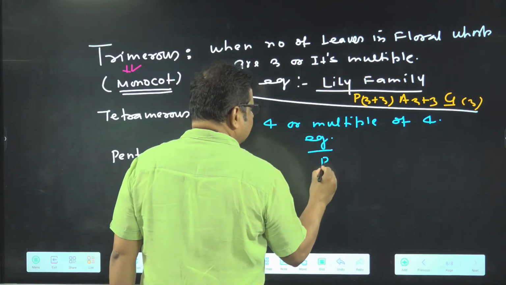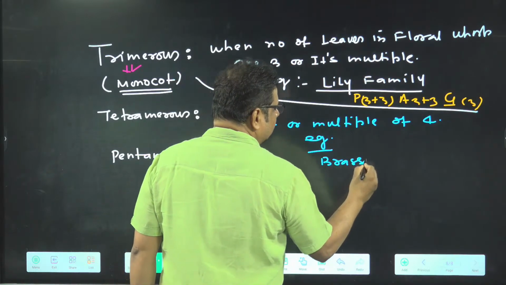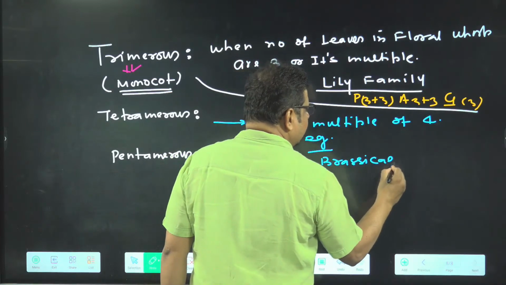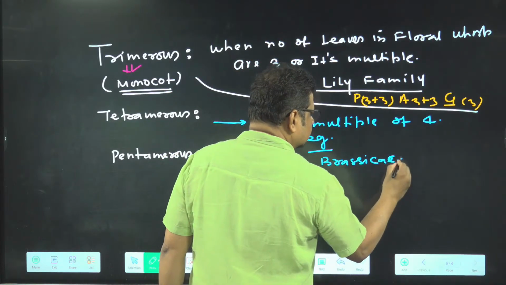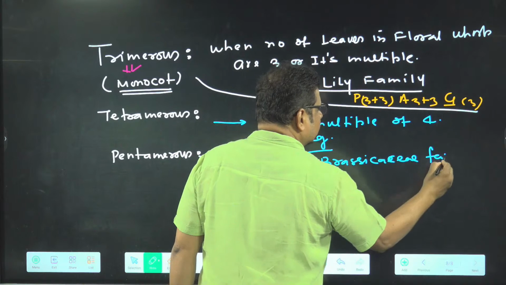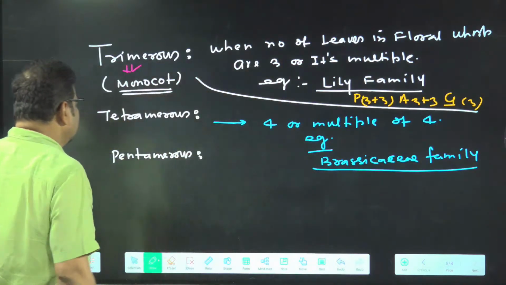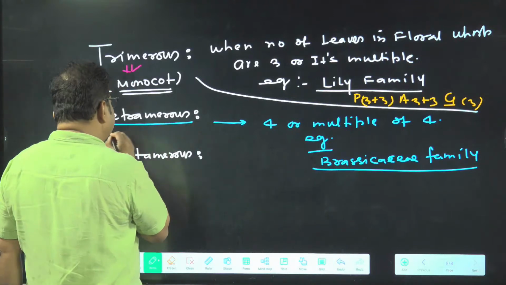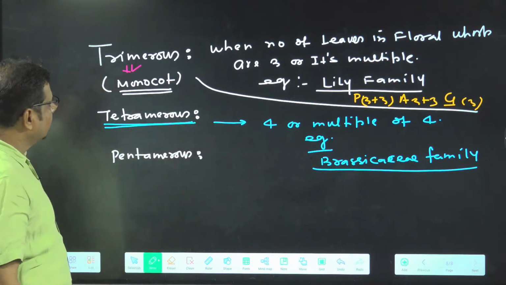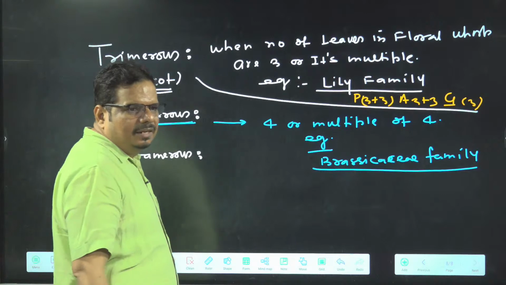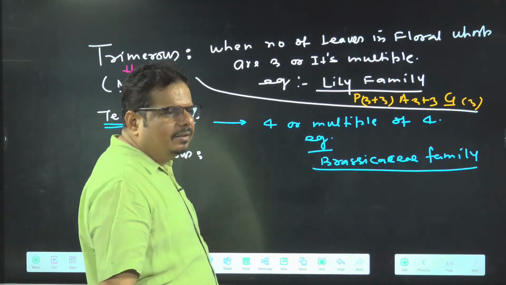Example is Brassica, or you can say Brassicaceae family member. So in Brassicaceae family members, which kind of condition are we finding? Tetramerus.